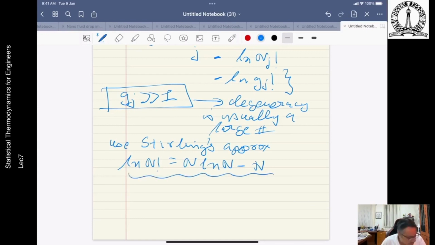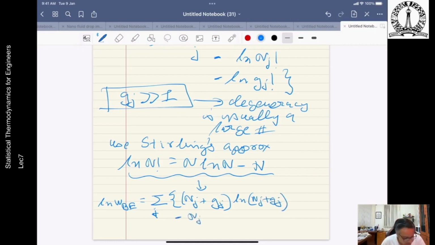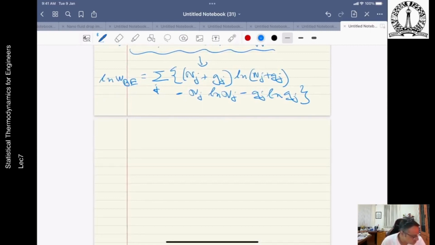When you apply it to this particular context, ln WBE is equal to the summation over j of (Nj plus Gj) ln (Nj plus Gj) minus Nj ln Nj minus Gj ln Gj.